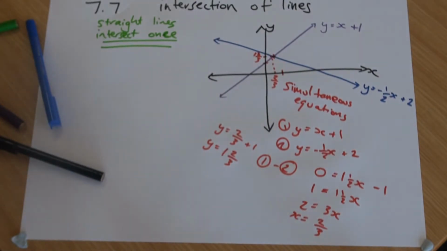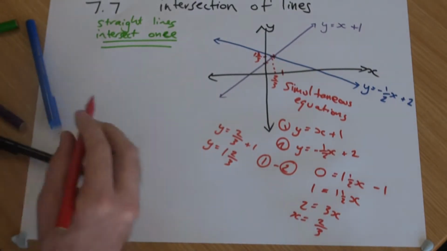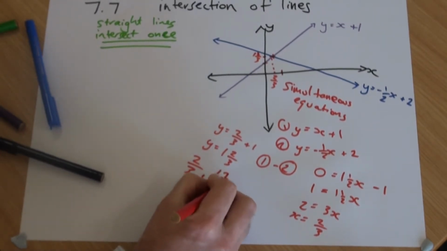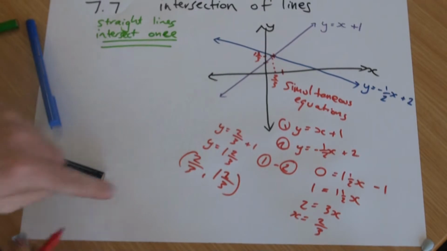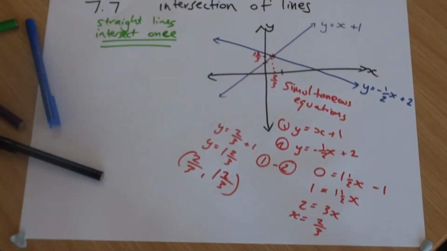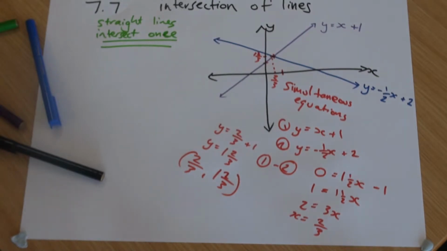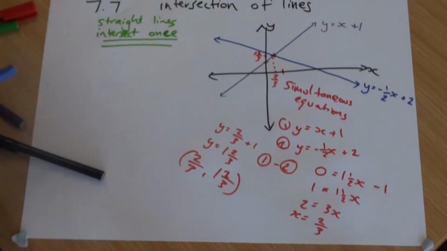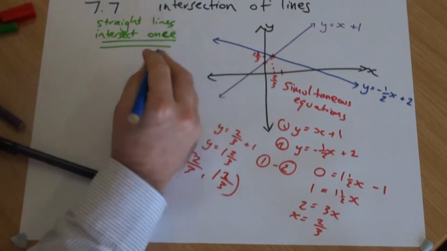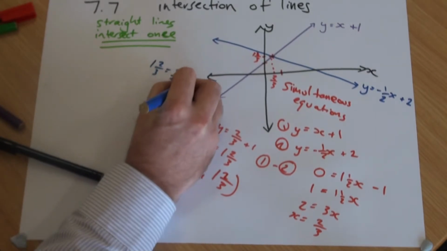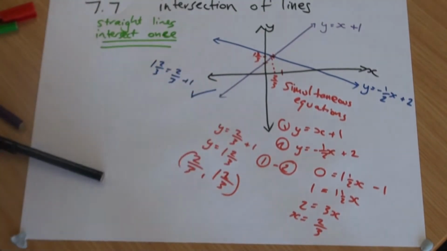Okay, so once we found out that their intersection is 2/3 and 1 2/3, we have to test that these satisfy both this equation and this equation. They should, if we've done it right. So let's just test. Okay, so we're going to go 1 2/3 equals 2/3 plus 1. Okay, that's definitely true.